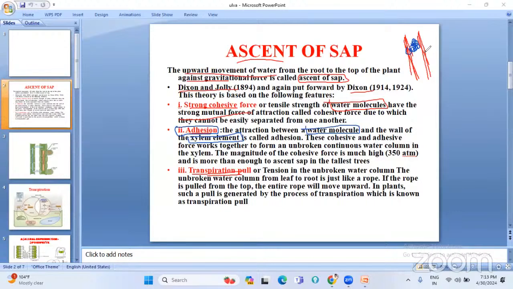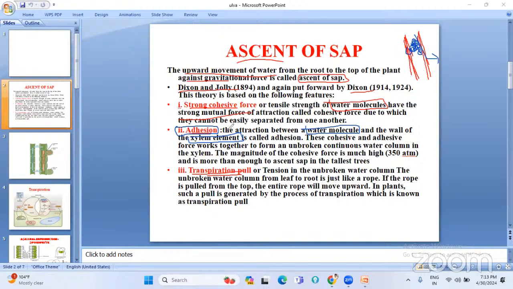But here they do not separate from the xylem vessel wall, because between the xylem vessel wall and water molecules there is also a force. Which force is that?